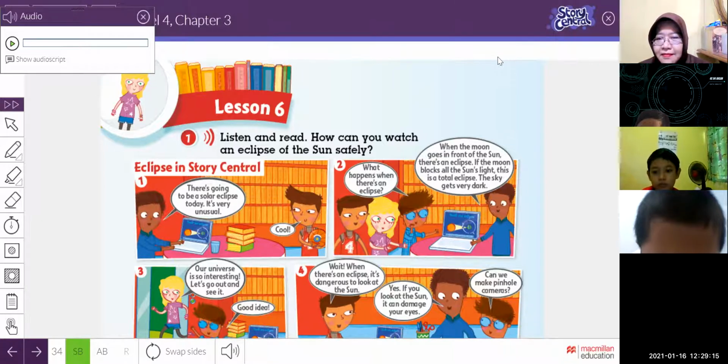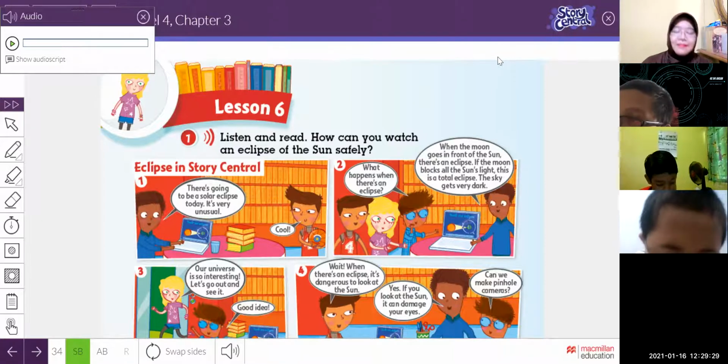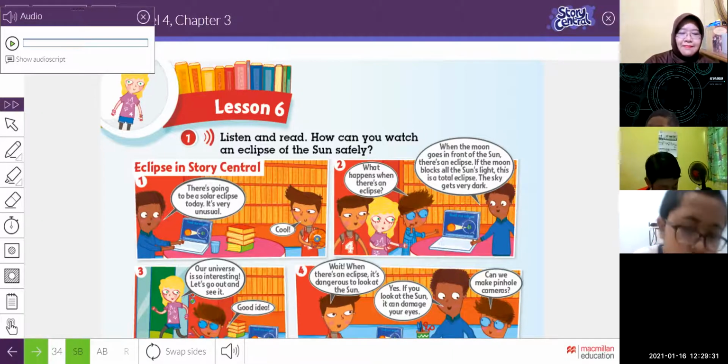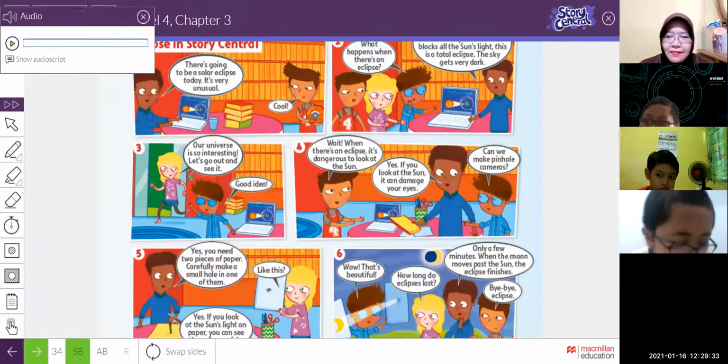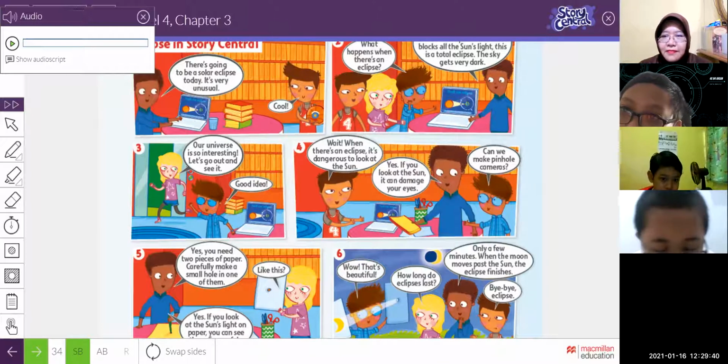When the moon goes in front of the sun, there's an eclipse. If the moon blocks all the sun's light, this is a total eclipse. The sky gets very dark. The universe is so interesting. Let's go out and see it.